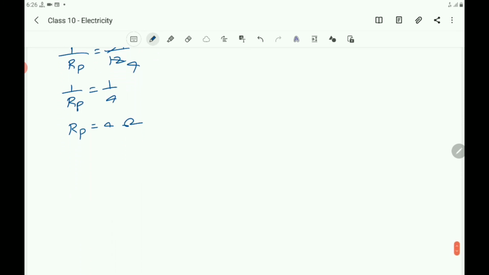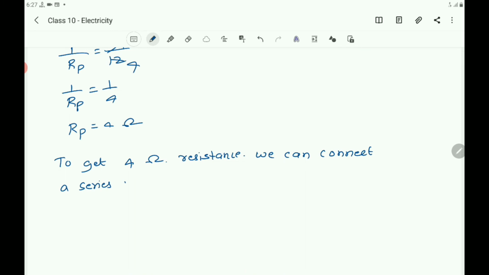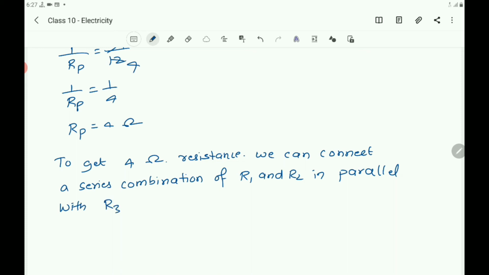So what you have to do? To get 4 ohm resistance, we can connect a series combination of R1 and R2 in parallel with R3, as shown in the figure.